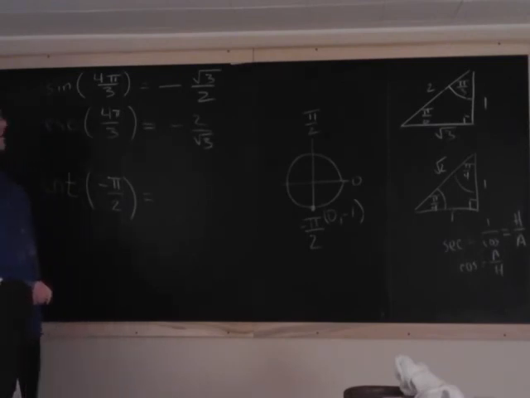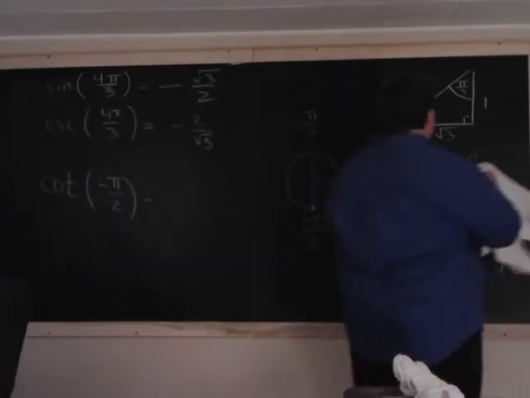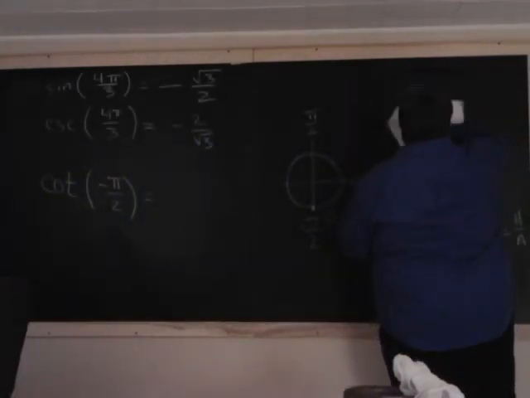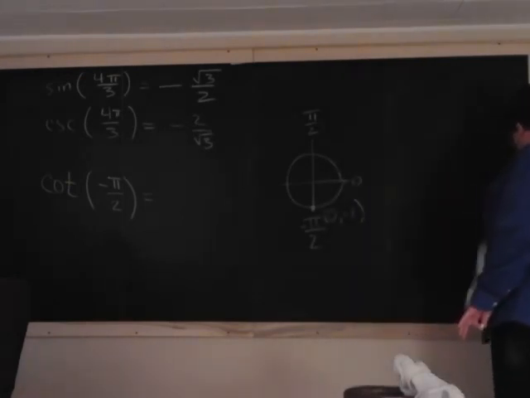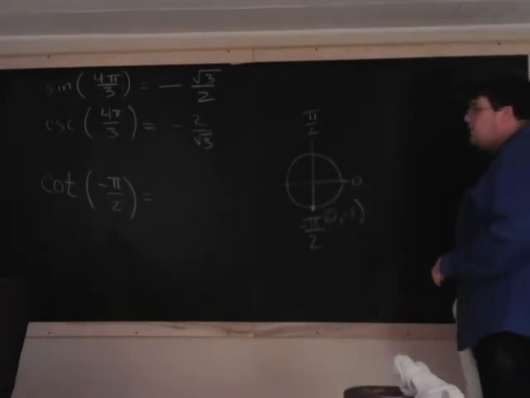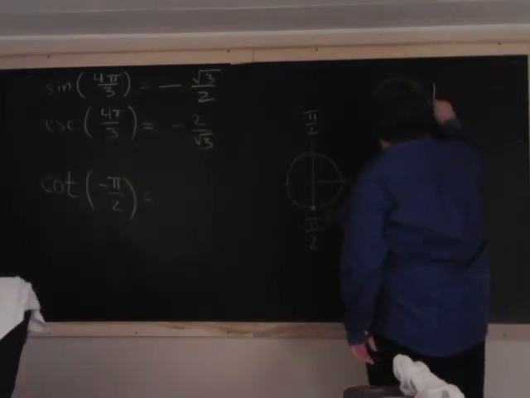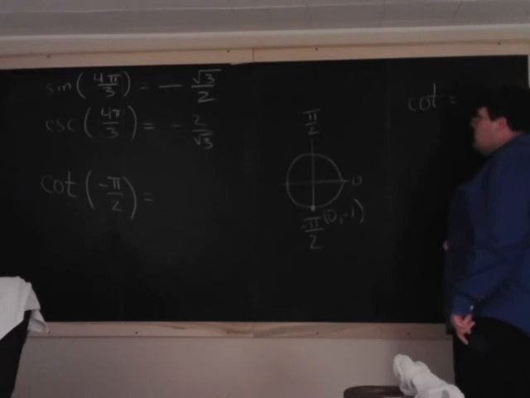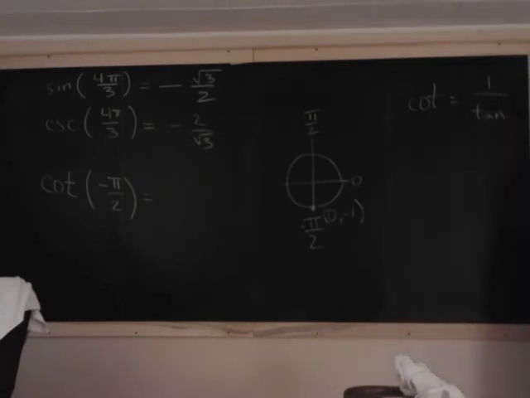Well, yes, we can. And let's explain on the side over here how we can do that. So I'm going to be informal. I'm not going to write cotangent of theta, because that'll get in the way. Remember, cotangent is 1 over tangent.